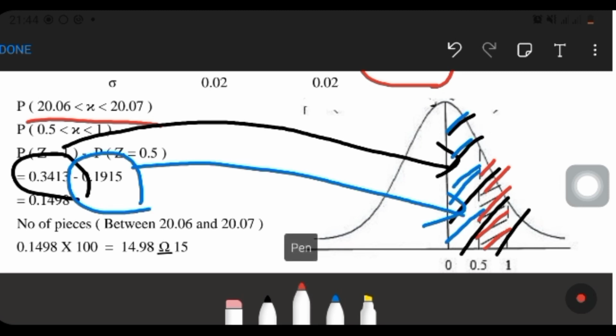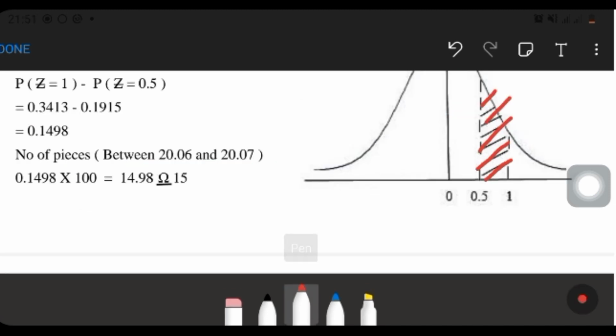But we needed to find out this part, so we have to subtract those numbers and we can find out the value of this part easily. So that is 0.1498, and we can find the probability between 20.06 and 20.07 by using that value. Then 0.1498 multiplied by 100, and you have got the answer as 15 pieces there.